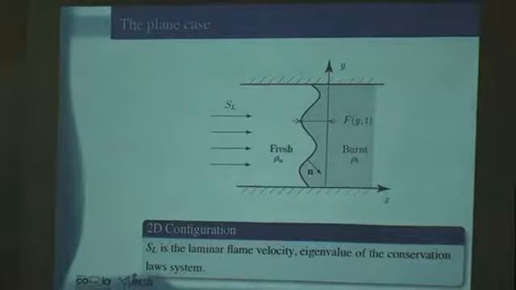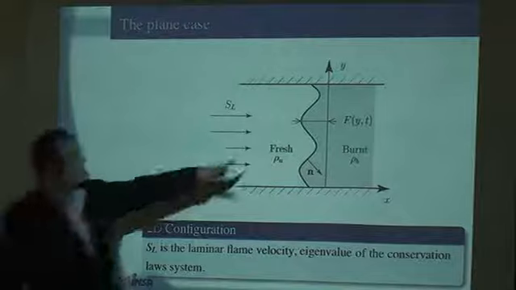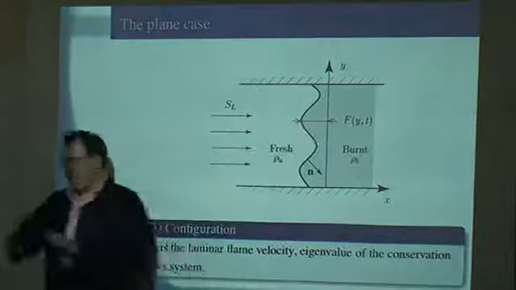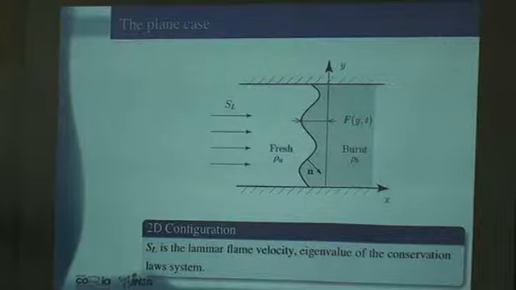What we want to do is write down an evolution equation for this wrinkling of the front, which must be independent of everything else. That's not true, and we'll see how, because we have to input the effect of the turbulence somewhere in the evolution equation.